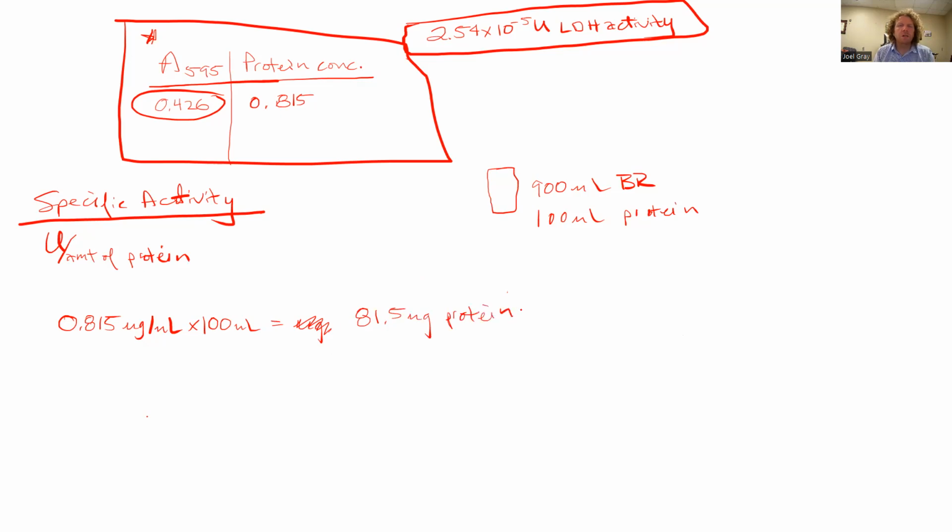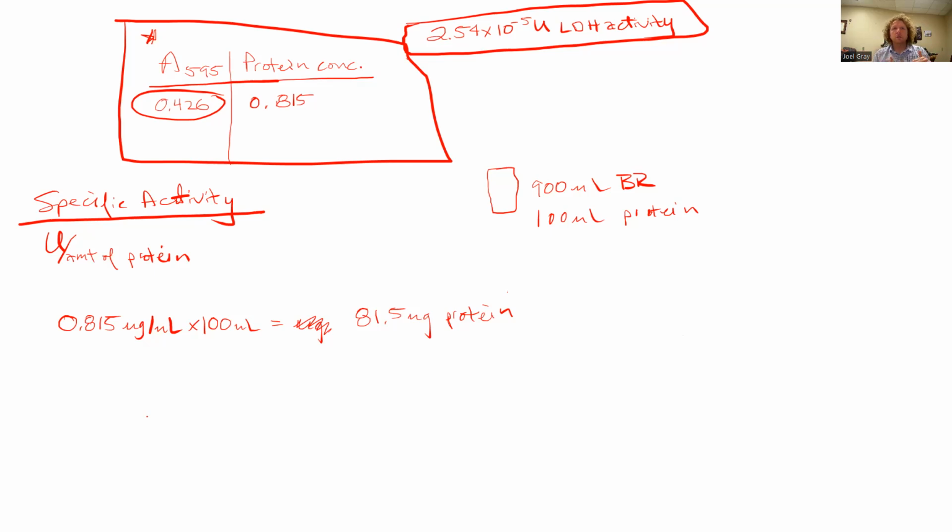Now, have we defined this as knowing exactly what that protein is? No, we haven't. But we're going to be able to look across multiple samples and say, okay, there's 55.6 micrograms of protein in this one, and there's 81.5 micrograms of protein in this one.